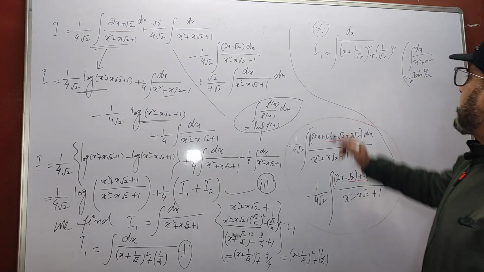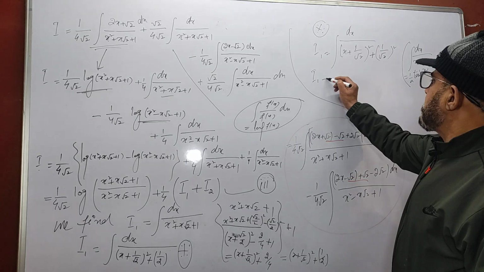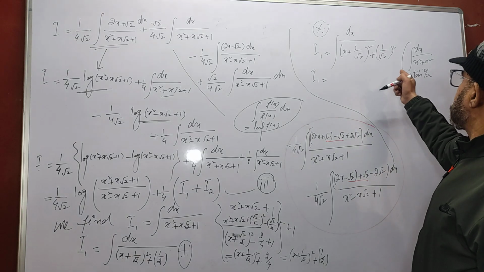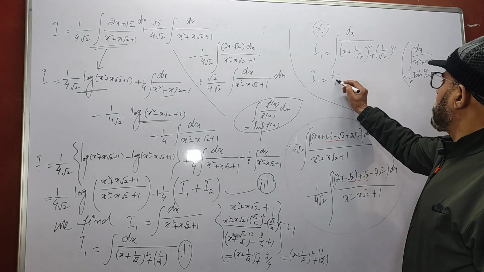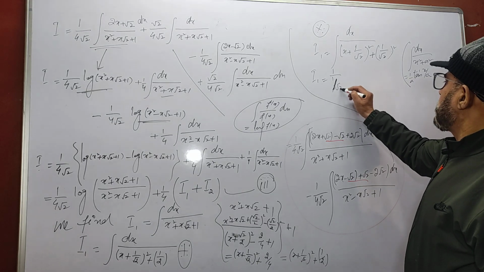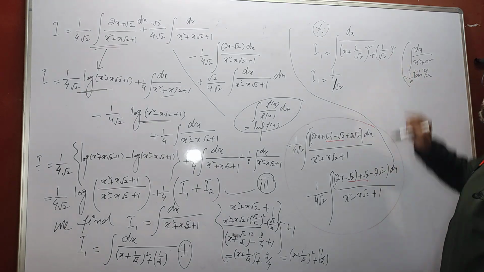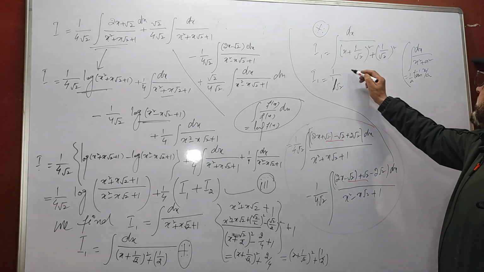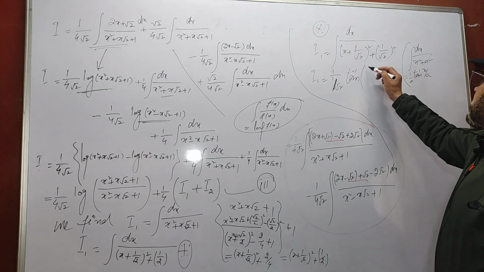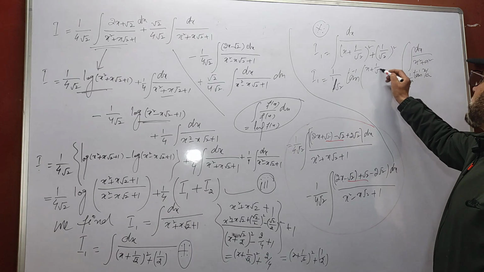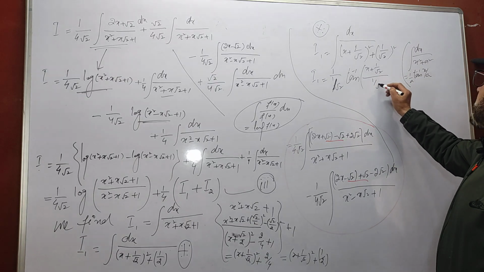According to this, I is equal to 1 by a, it is 1 upon 1 by root 2, because this is my 1 by root 2 here, tan inverse x, where x is x plus 1 by root 2 upon 1 by root 2.